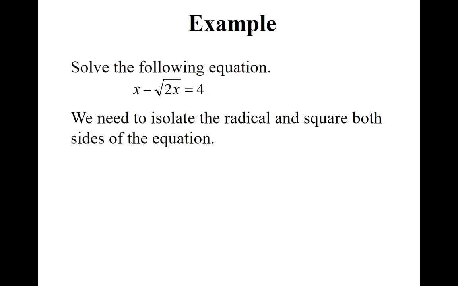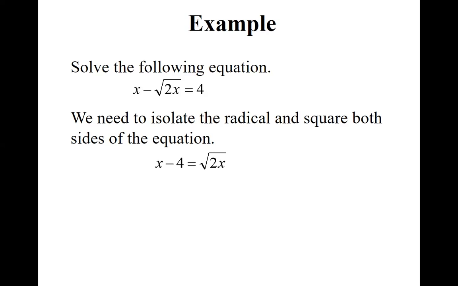We need to isolate the radical and square both sides. Subtract x from both sides. 4 minus x equals negative radical 2x. Divide both sides by -1. Radical 2x equals -4 plus x, which is x minus 4.